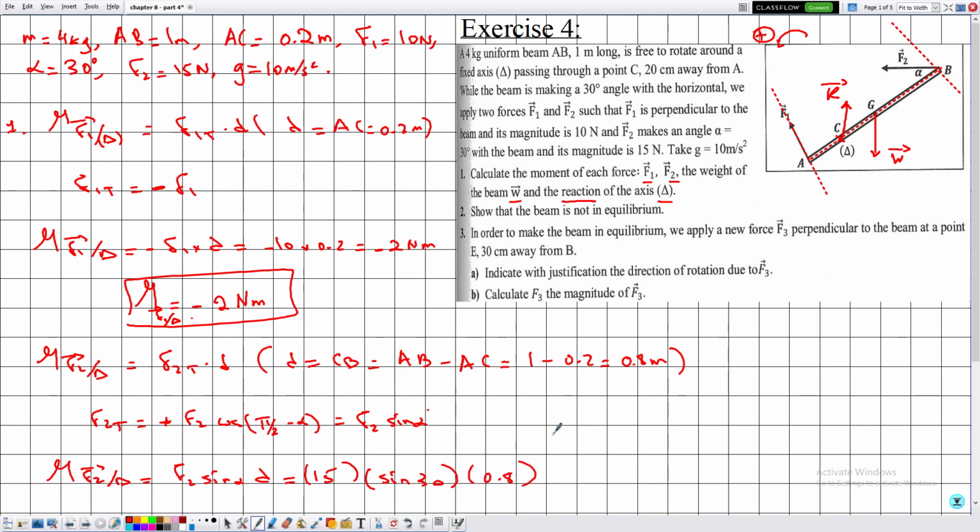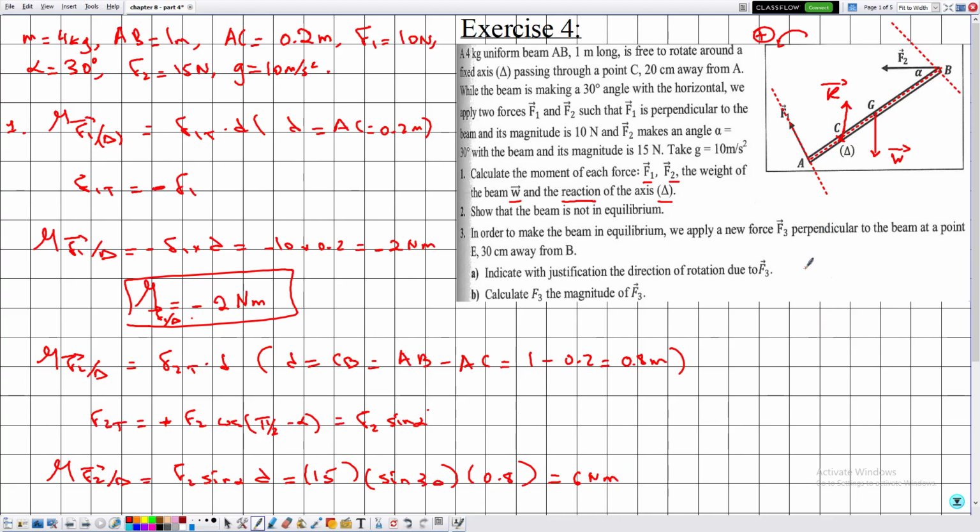Let me use the calculator to calculate this value. Then this is given by 60 newton meters.